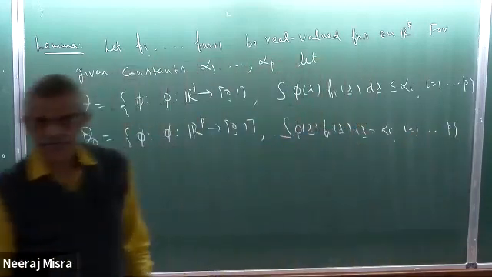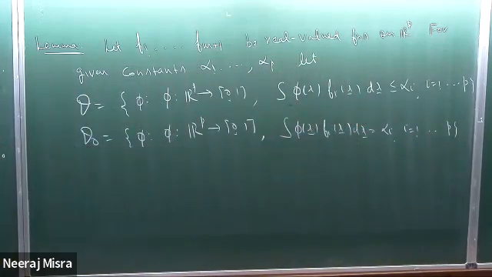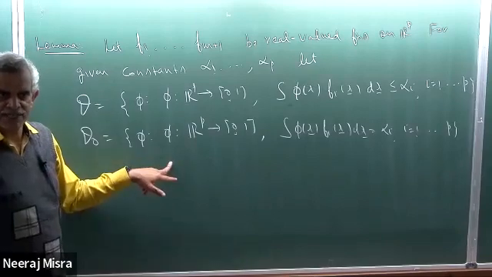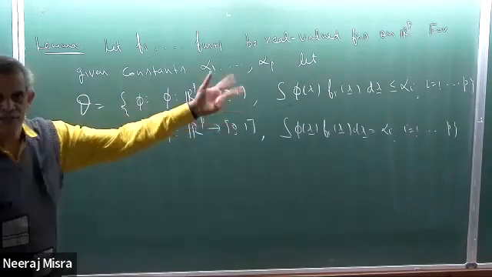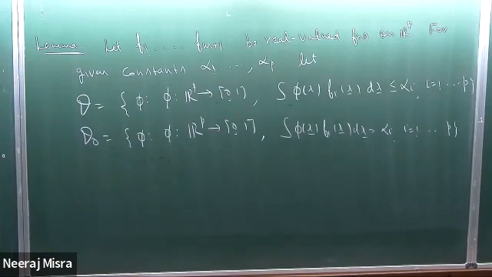Which class is a bigger class? Anyone? D0 or D? Yes, because any phi which belongs here also belongs to D, since it is less than or equal to alpha. So certainly D0 is contained in D.